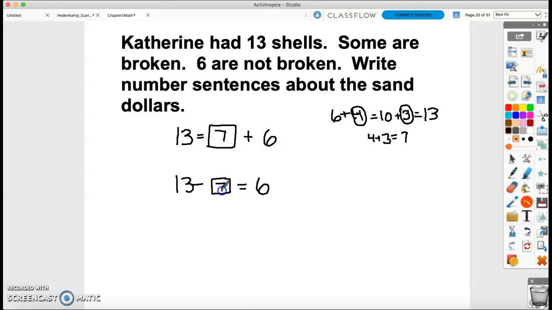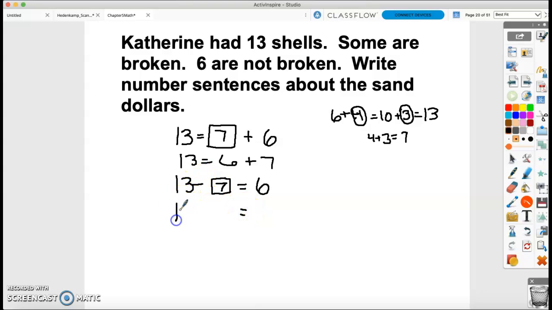So my answer would be 7. So now I need 2 more sentences to go along with that. So I have 13 equals 7 plus 6, so I can write 13 equals 6 plus 7. And here we go. Here's my subtraction.